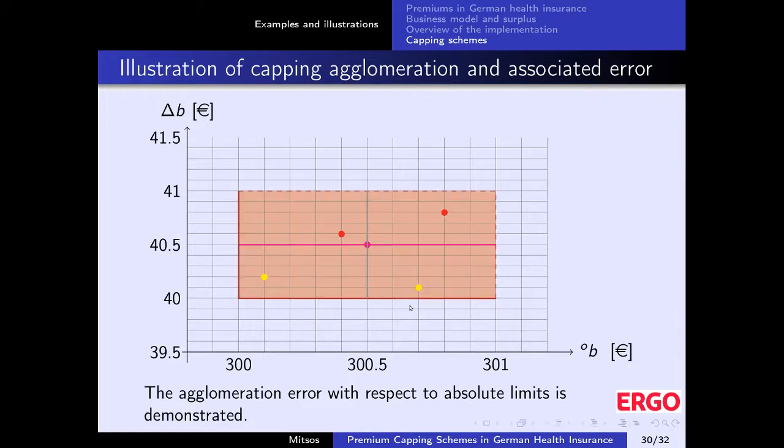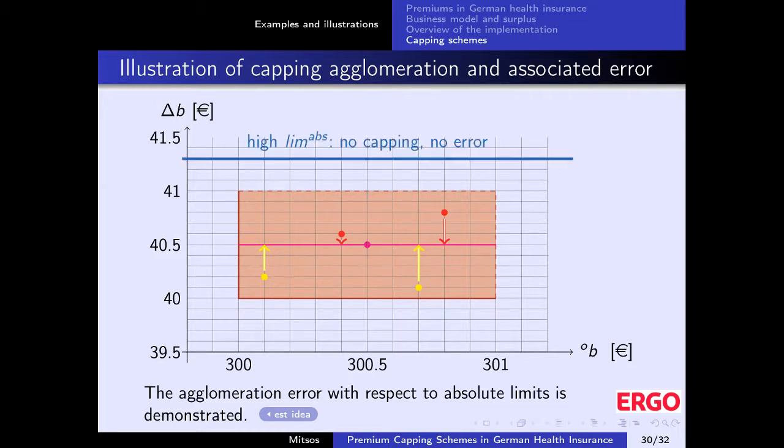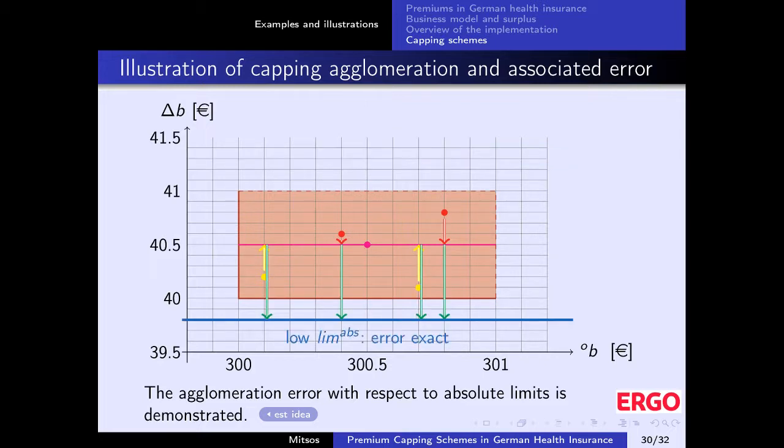The idea is I take premiums and premium increases and group them midpoint in €1 intervals. And I expect that the simulation of this agglomerated data will be similar to the pricing on each individual. And I can give error limits for it.